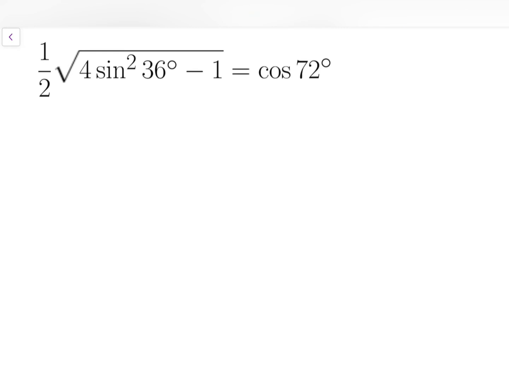I'm going to solve this problem in a more constructive approach. So I'm going to consider the following triangle, because we are dealing with angles of 36 degrees and 72 degrees. For this triangle, the interior angles are going to be 36, 72, and 72.